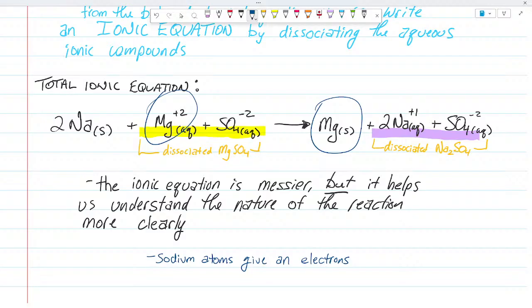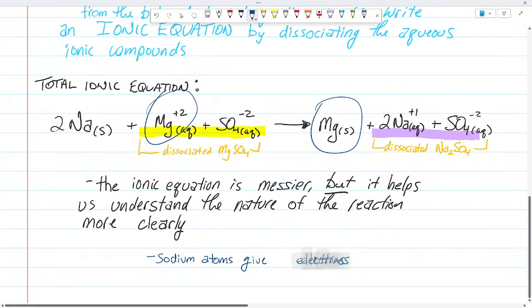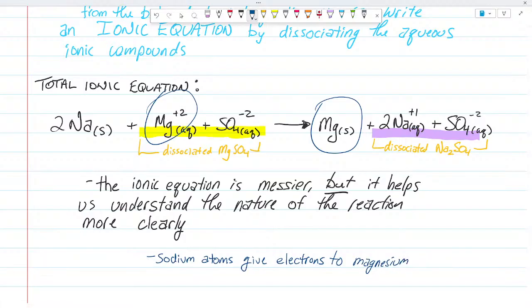So sodium atoms give electrons to magnesium. And then what we notice too is SO4 2- doesn't do anything. We call this a spectator ion.